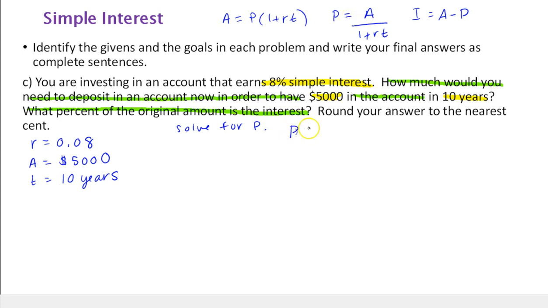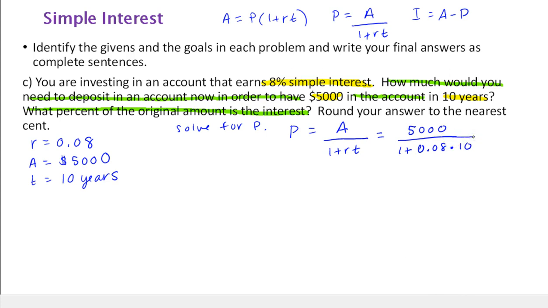So P equals A divided by 1 plus RT. Now let's put in our values. So our A is 5,000. Then we have 1 plus our R is 0.08, and we're going to multiply that by 10.